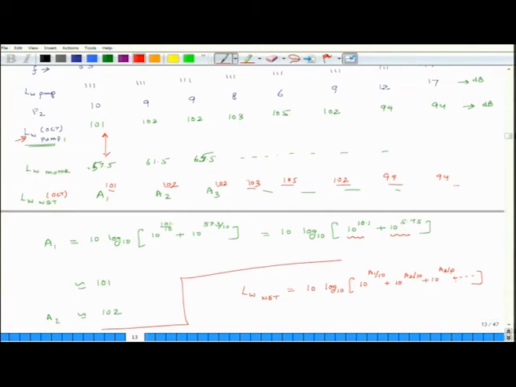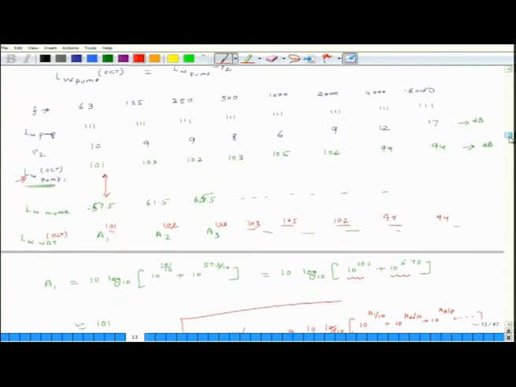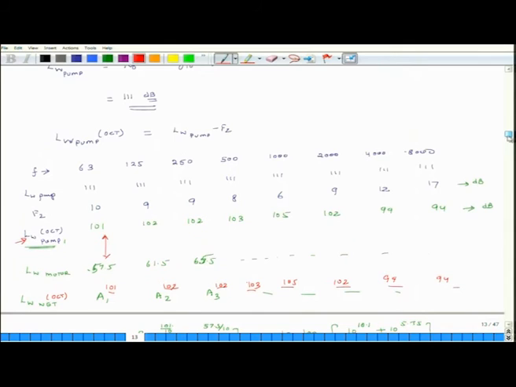What I will eventually get is this number, because this energy has been broken up into different frequency bands. The overall power level will still be 111 decibels, because the contribution from the motor is negligible.